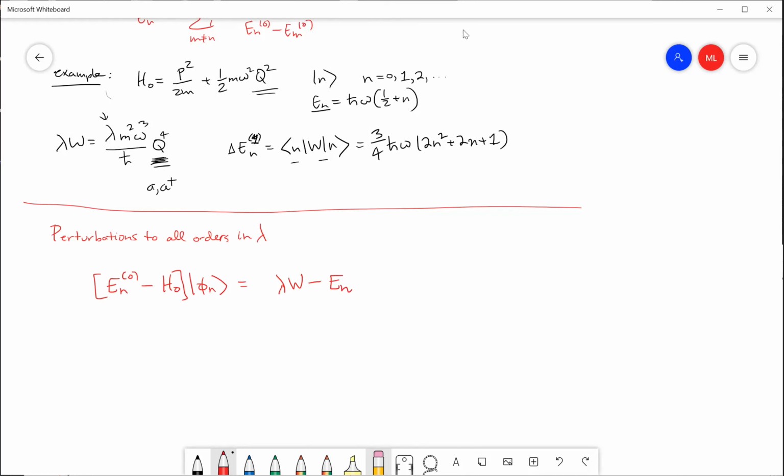And we're going to add back the unperturbed eigenvalue. So this whole thing right here is minus that Taylor series of corrections.